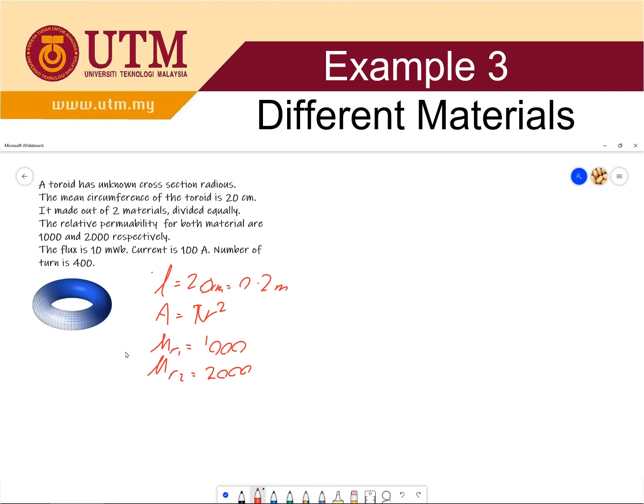And the flux, because this is in series, all the material receives the same flux. Flux is 10 milliweber. Make sure you know what milli is, so 0.01 Weber. Make sure in your calculation you use the correct value. And lastly, I is 100 ampere and the number of turns is 400.